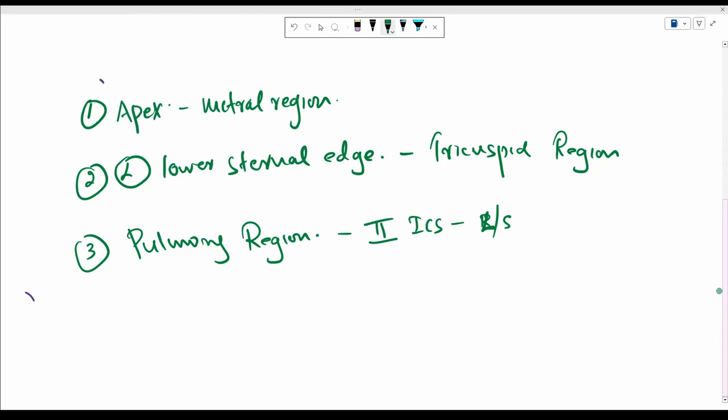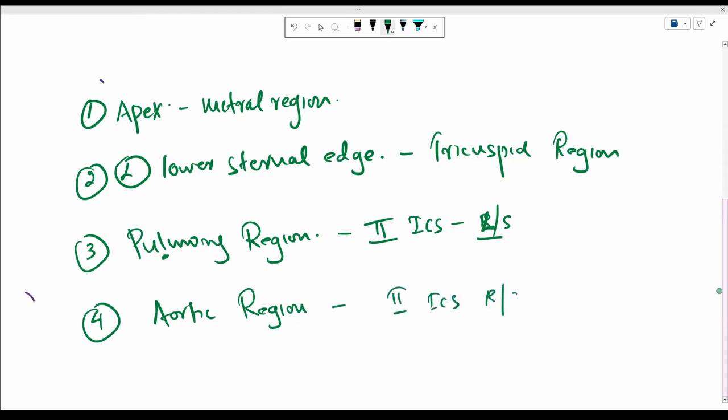So I remember it that pulmonary has an L, so that is left. Next, finally, the aortic region, and it is in the second intercostal space, right side, and aorta has an R, so that is why you go for the right.